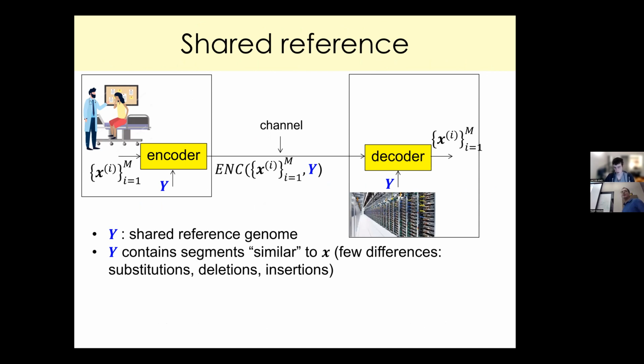And what we assume about this Y is that it has a similarity with respect to the reads that we see at the input. Similarity means that we have few differences. And differences here are substitutions, deletions, and insertions. Different types of differences, but the key is that it's not too many. It's bounded or low probability, such that we benefit from having Y to decompress the batch of Xi.